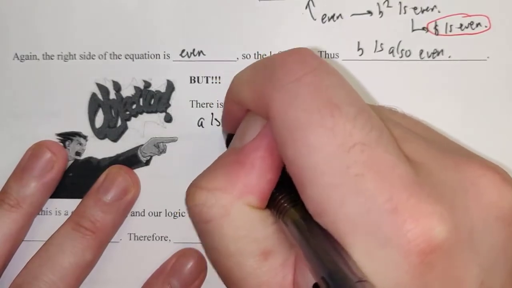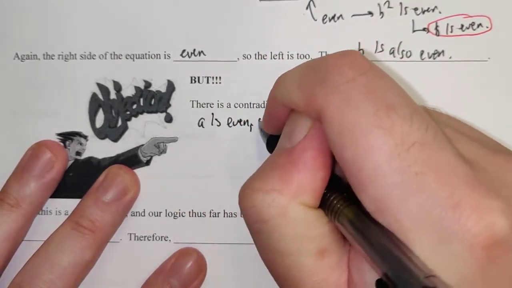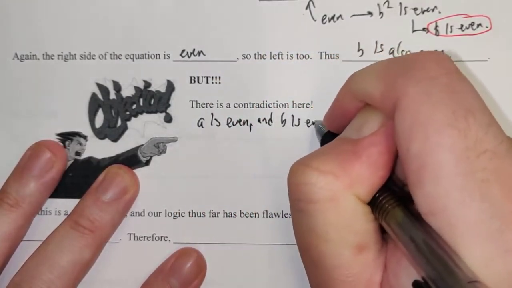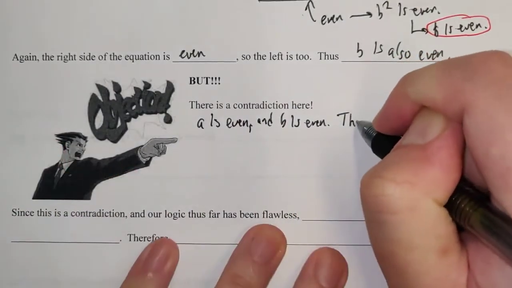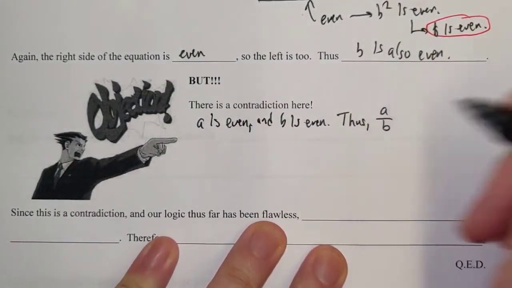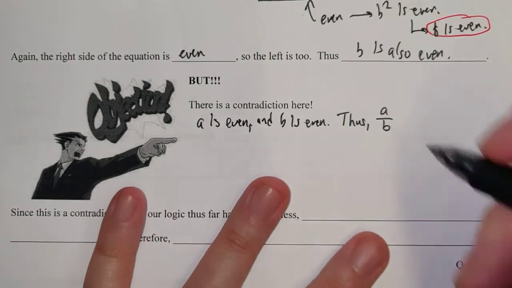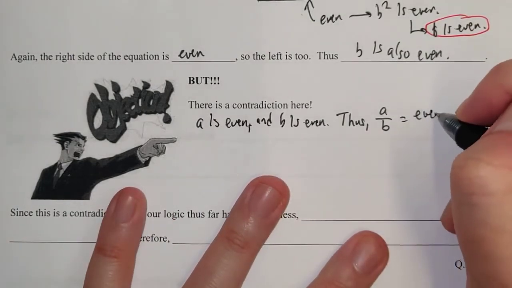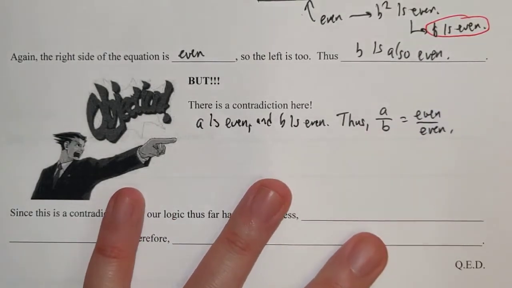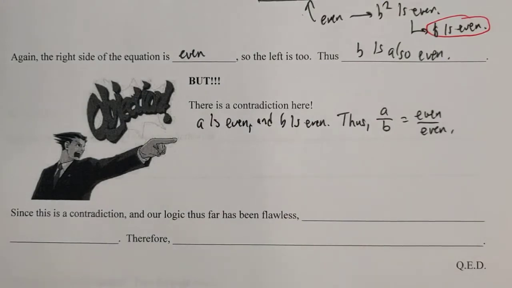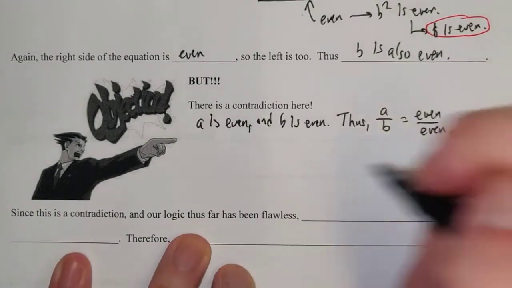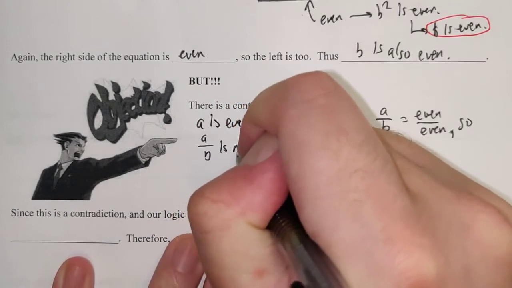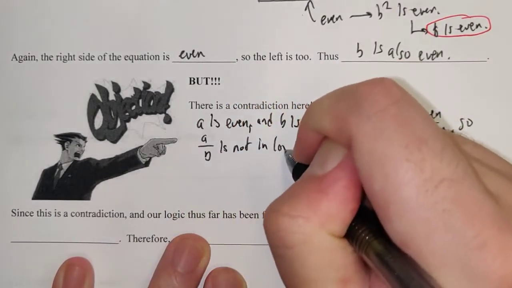a is even, and b is even, right? Thus, if we look at the fraction a over b, it is even divided by even. Since it's even divided by even, I can divide a 2 out of both of these things here. So, a over b is not in lowest terms, right?